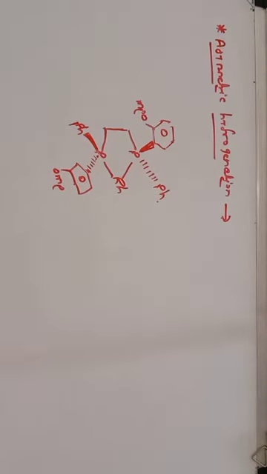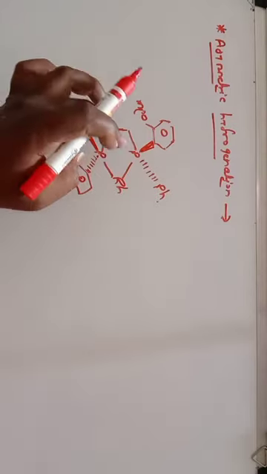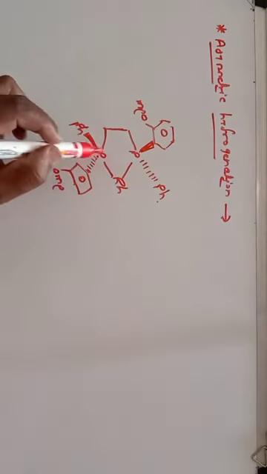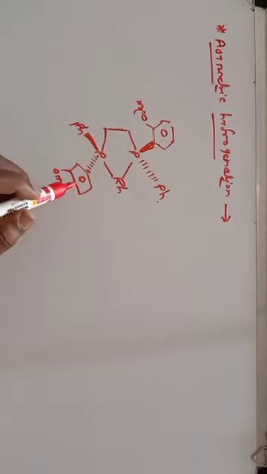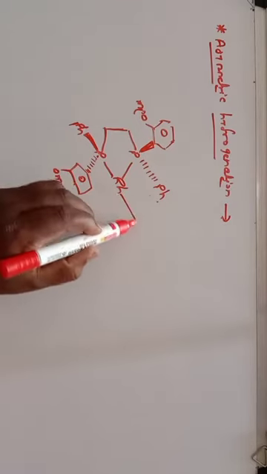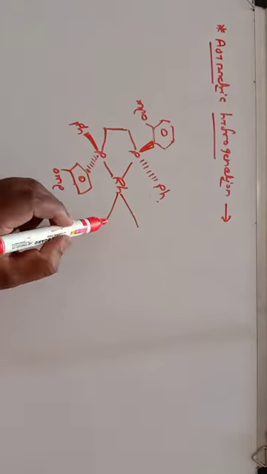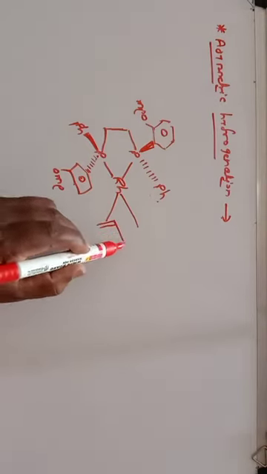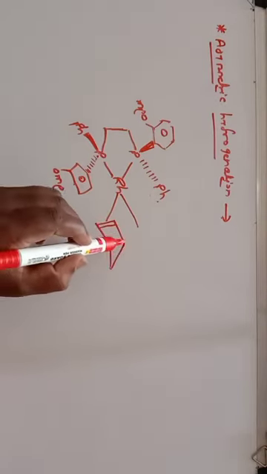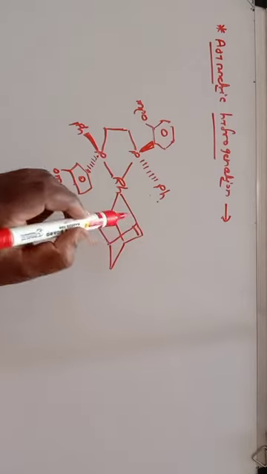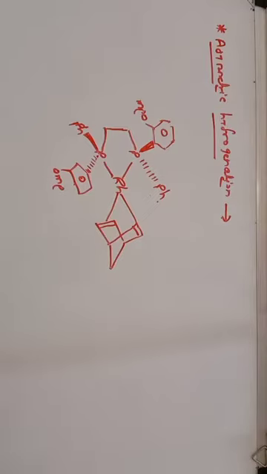So we can consider this part as the methoxyphenyl, phenyl, phosphoethane molecule, and it is also attached to the double bond of the norbornadiene system.